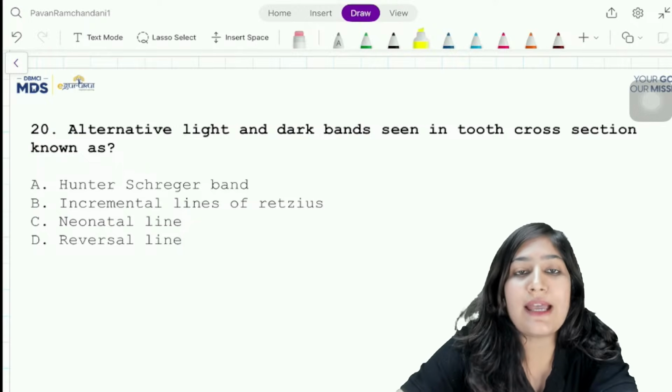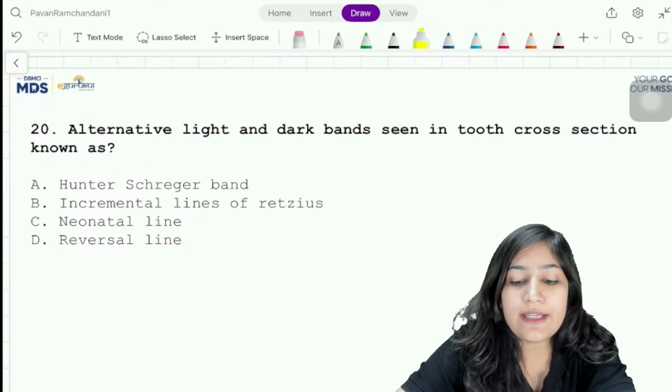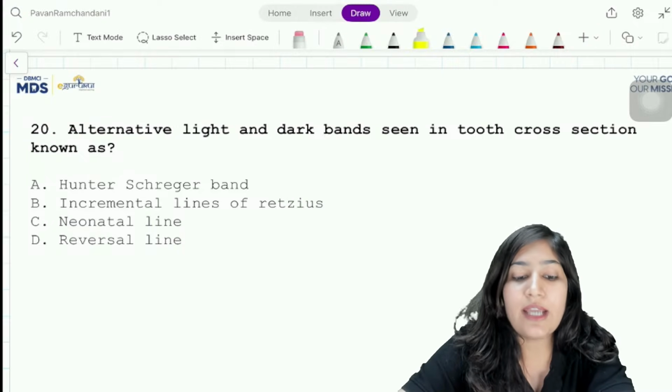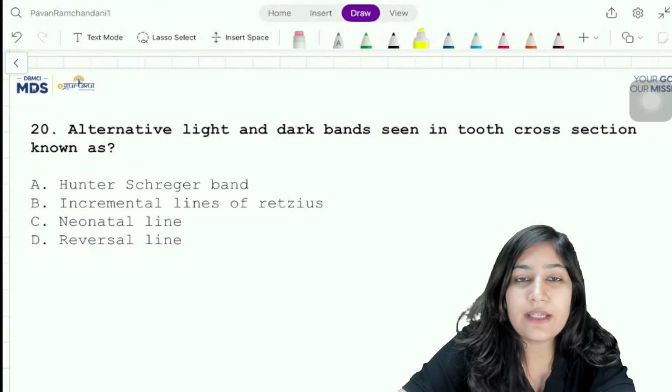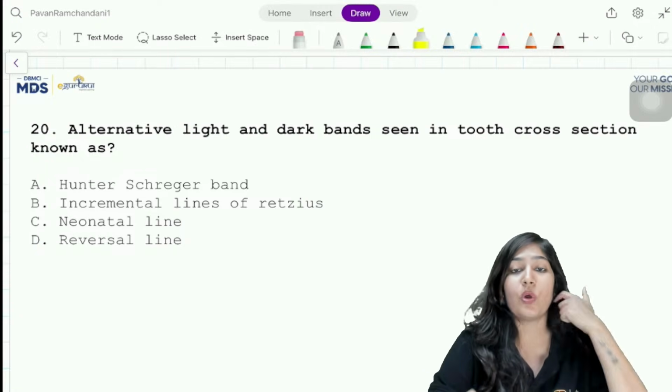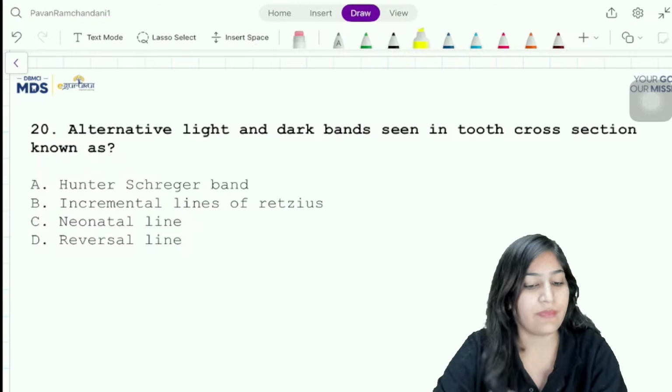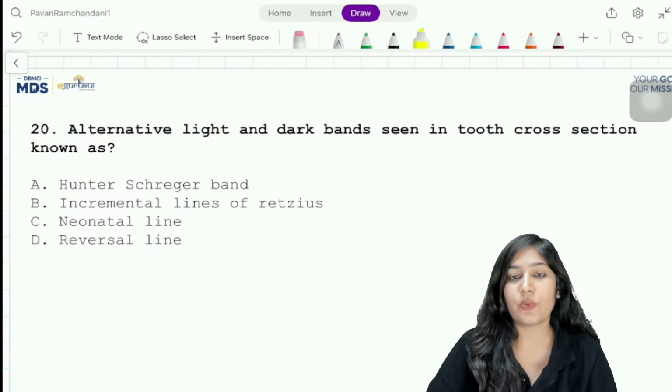Now coming to the last question. Alternate light and dark bands seen in the tooth cross section are known as, are they Hunter-Schreger bands? Are they incremental lines of Retzius? Are they neonatal line? Or are they reversal line? What will be the correct answer here?